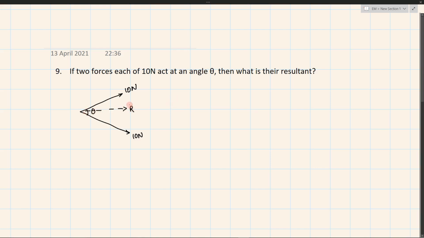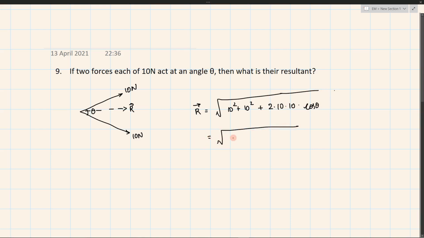Straightforward, resultant is given by square root of the first vector 10 square plus the second vector 10 square plus 2 into first vector into second vector into cos theta. So we'll have square root of 100 plus 100 plus 2 into 100 into cos theta.